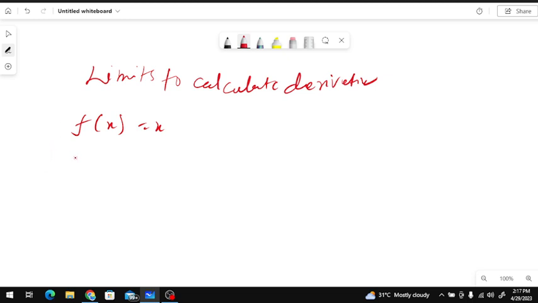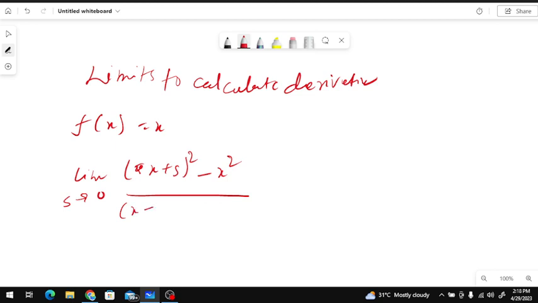If we use a limit to forever decrease the step s, what slope does it approach? So I write here limit s tends to 0 of ((x plus s) squared minus x squared) divided by ((x plus s) minus x).